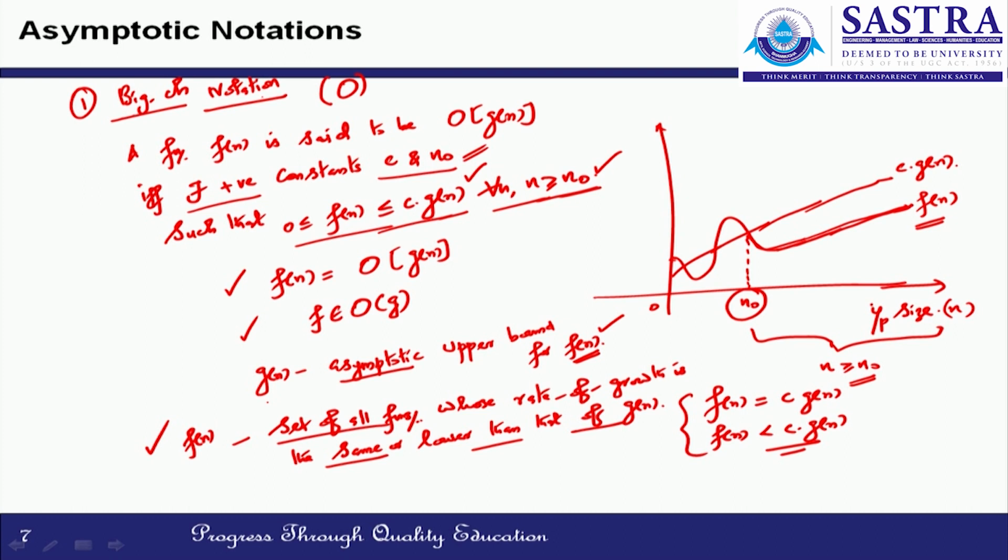and only if f of n is defined as big O of g of n, that is f belongs to big O of g. Consider this relationship: f of n is less than or equal to c into g of n for all n greater than or equal to n0, and 0 is less than or equal to f of n.